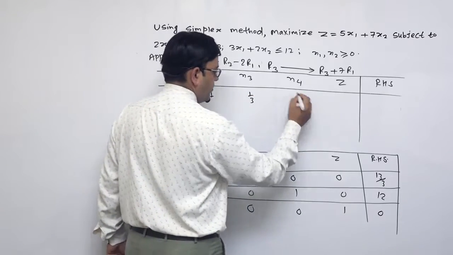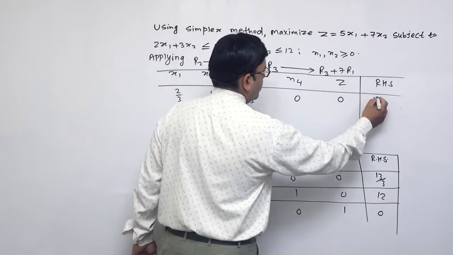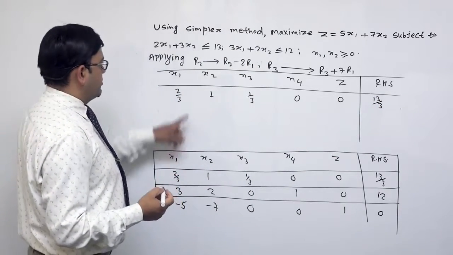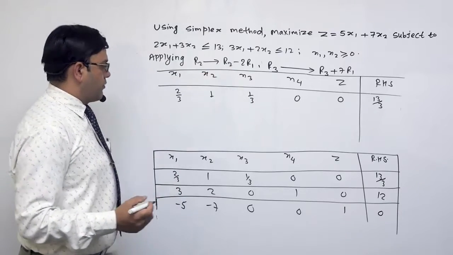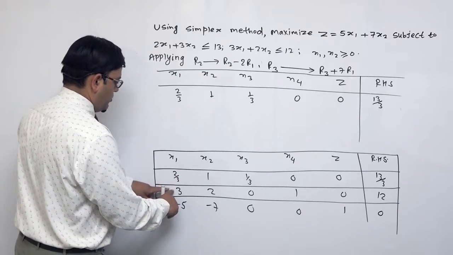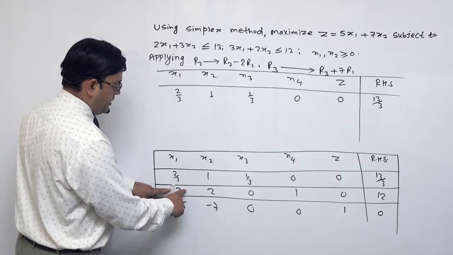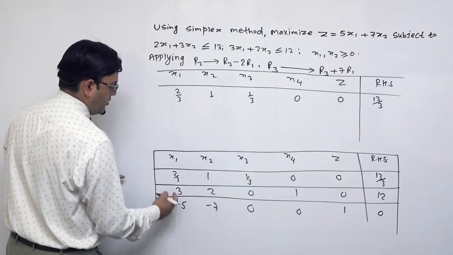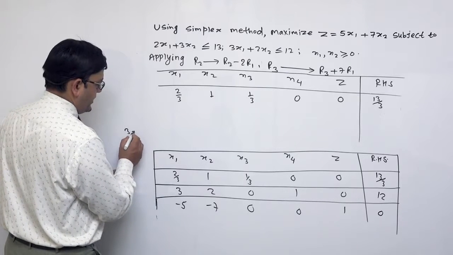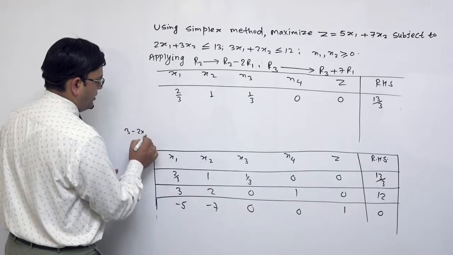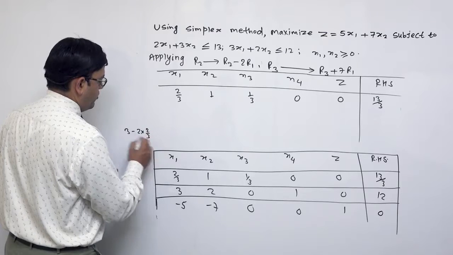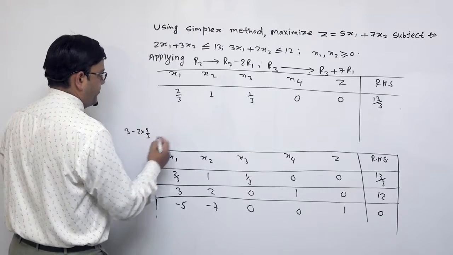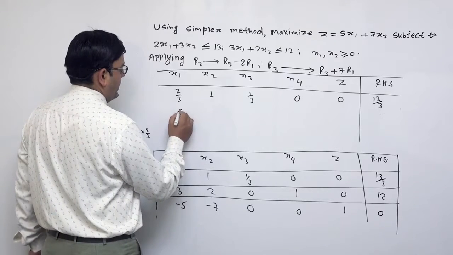Similarly this one is 0, and this is also 0, and this 13/3. Now R2 changes into R2 minus 2R1. Here R2 3 छ, 3 minus 2R1. हेर्नुस् है त, एकछिन हामी रफ हेर्न सक्छौं। 3 minus 2 times R1 means यो 2/3 छ, 2/3. So 3 3 is 9 minus 4, 5/3. So we can write 5/3.